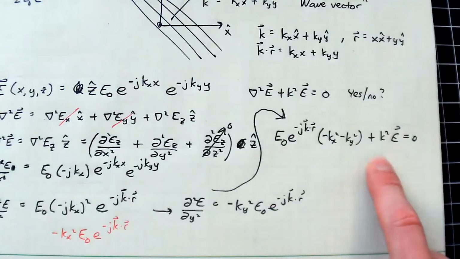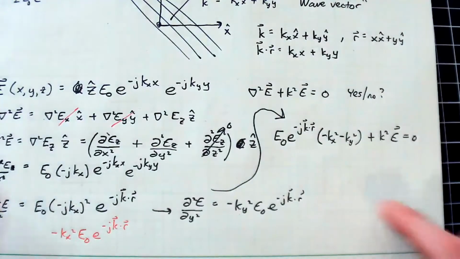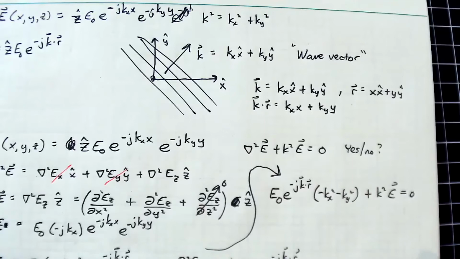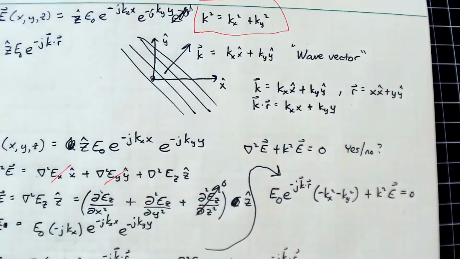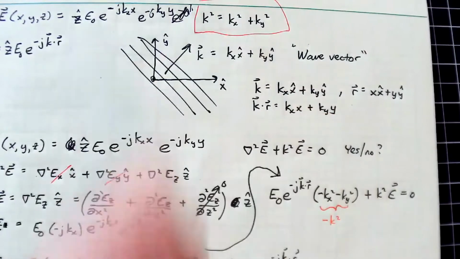Remember, we defined this up here already. We broke our wave vector down into these x and y bits, which means this little guy here is just a negative k squared.